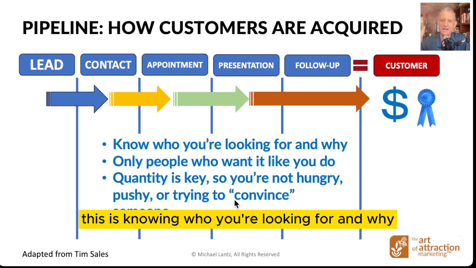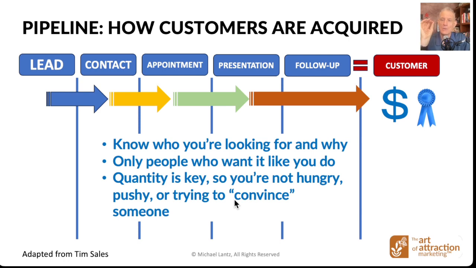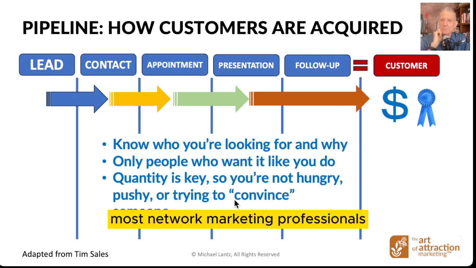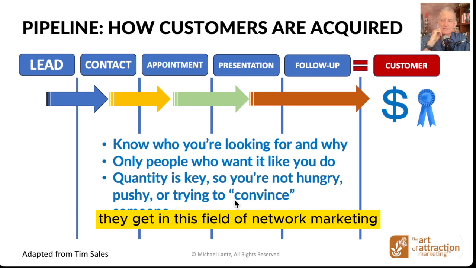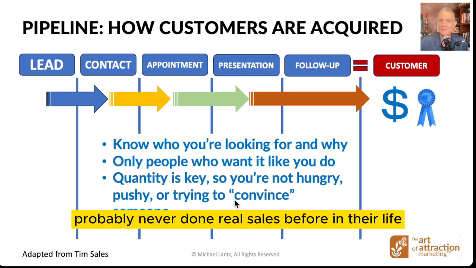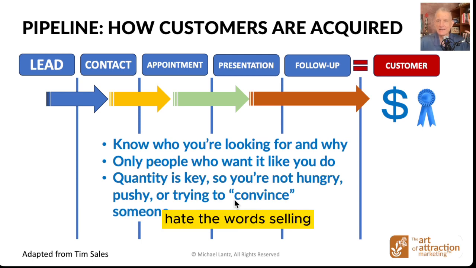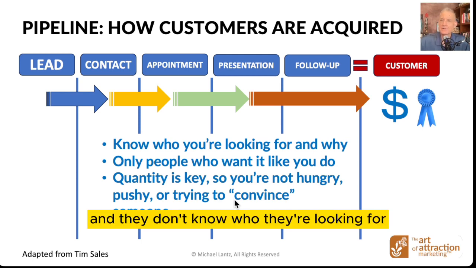This is knowing who you're looking for and why. Most network marketing professionals, they get in this field of network marketing, probably never done real sales before in their life, hate the word selling, and they don't know who they're looking for.